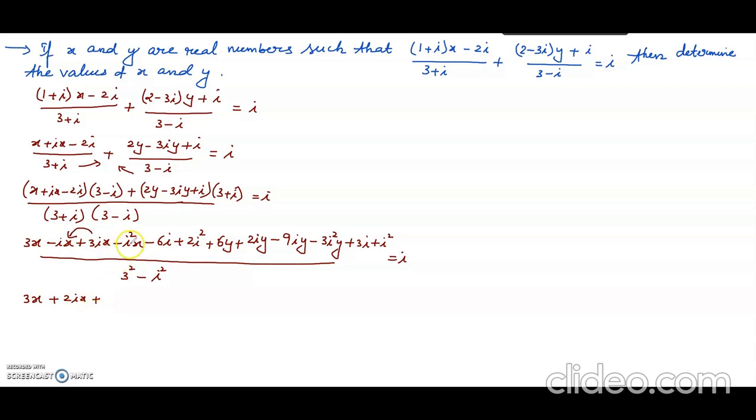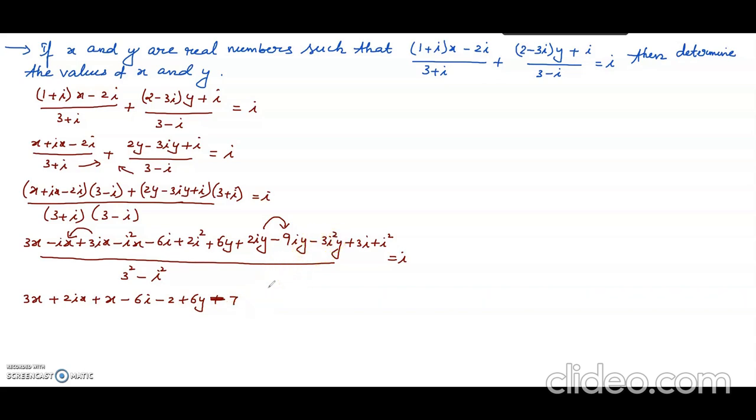Iota square value, don't forget, is minus 1, so minus of minus will become plus x. Minus 6i, again iota square: minus 2 into minus 1 is minus 2. This is 6y. 2iy minus 9iy, we can write this as minus 7iy. Then iota square is minus, so minus into minus will be plus.